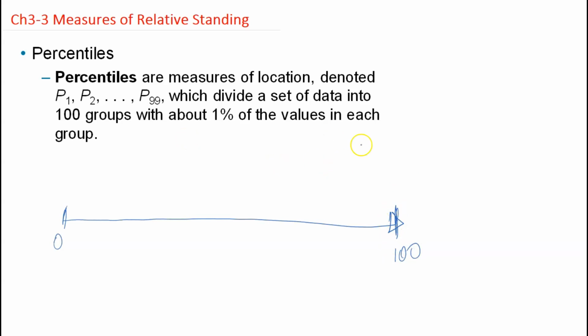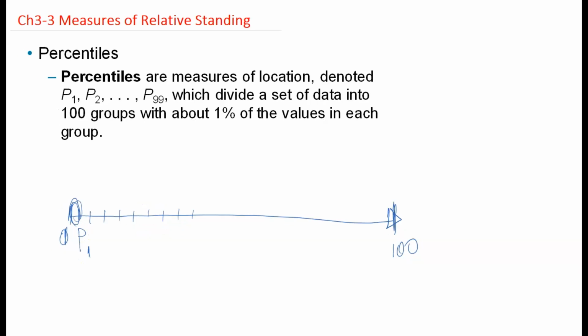If we divide the whole set into 100, then each mark will indicate a percentile. The data value located at P1 is the value that separates the lowest 1% of the data from the highest 99%.